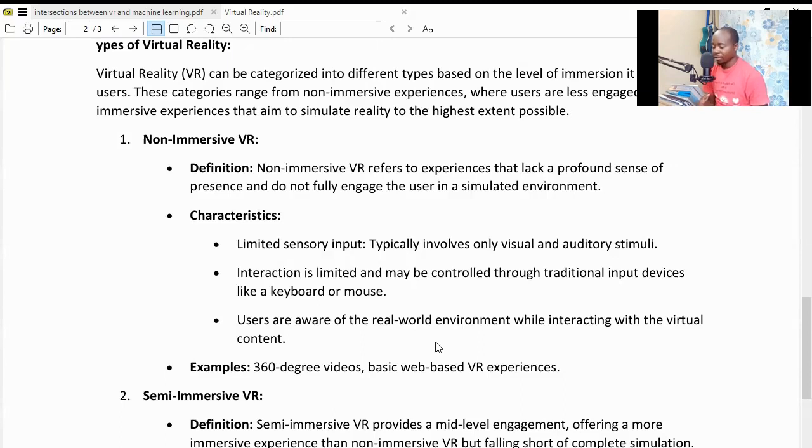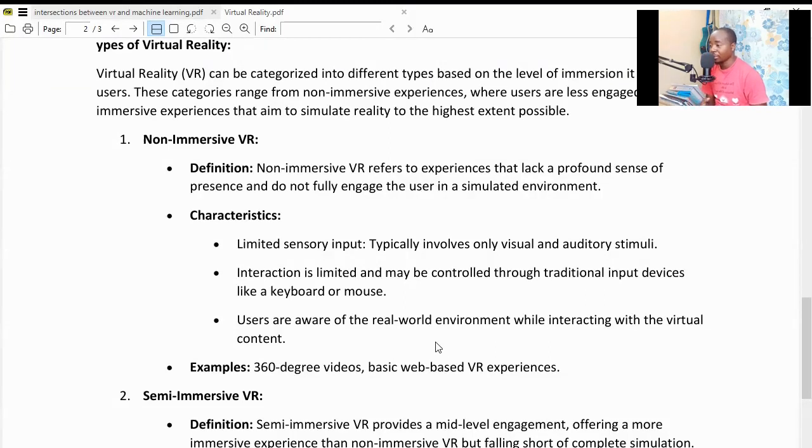So the traits that define this kind of virtual reality are limited sensory input, there are no auditory senses or even visual stimuli being used at the moment, all those are lacking.